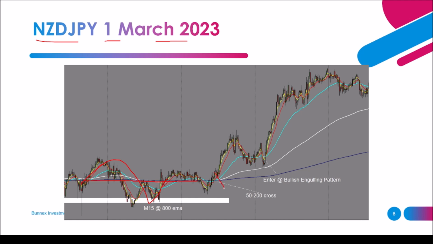Then candlestick, then 50, 200 cross. After the cross, meaning this structure had locked in the upward direction, impulse, then pullback to the 200. Enter at bullish engulfing pattern, which is at this point. Stop loss 25 pips, target 50 pips, like that.